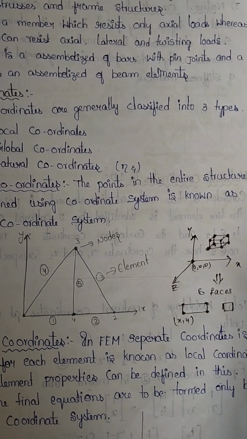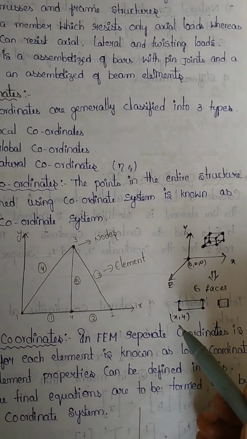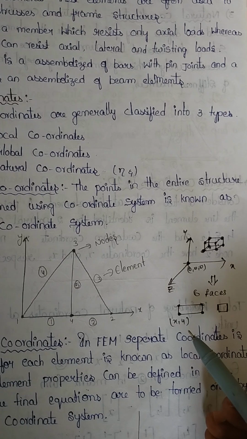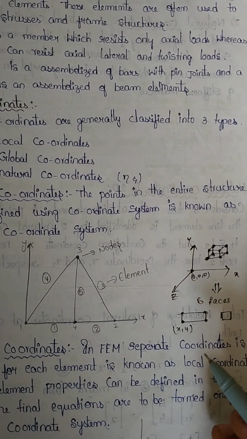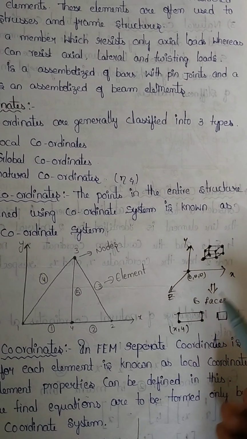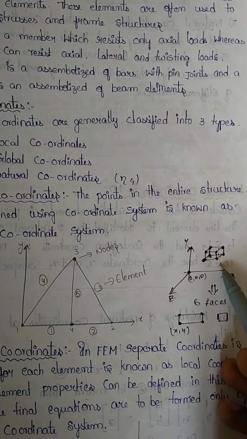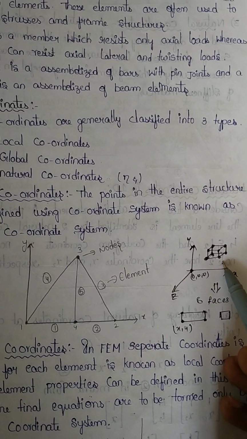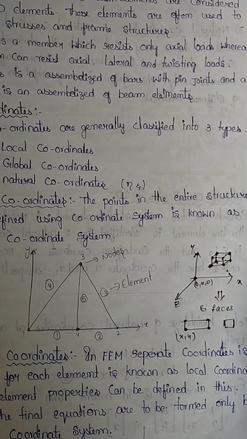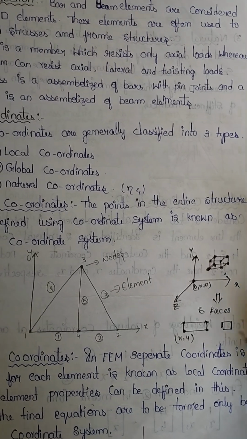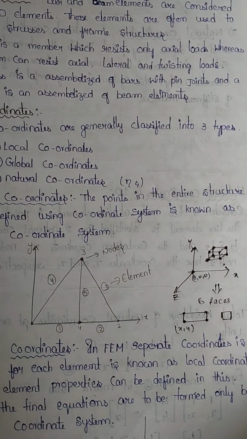After finding the stiffness matrix using this local coordinate system, again we will assemble those 6 elements into a parent element. That will be done by assemblage of matrices. Then those stiffness matrices will be referred to the global coordinate system.